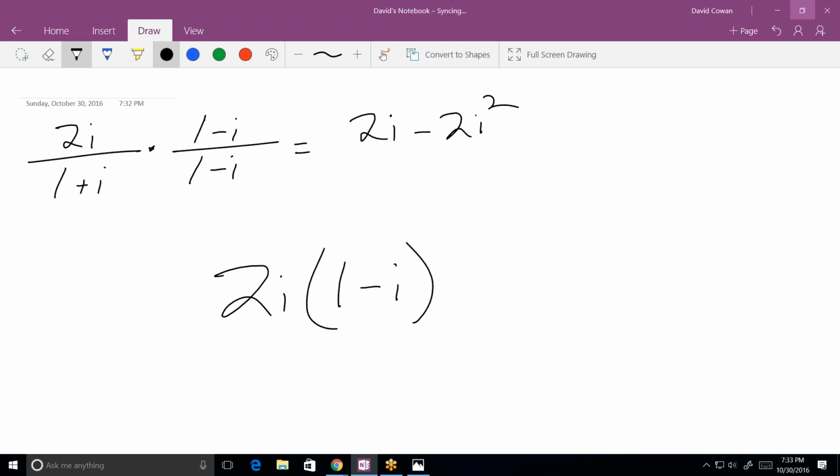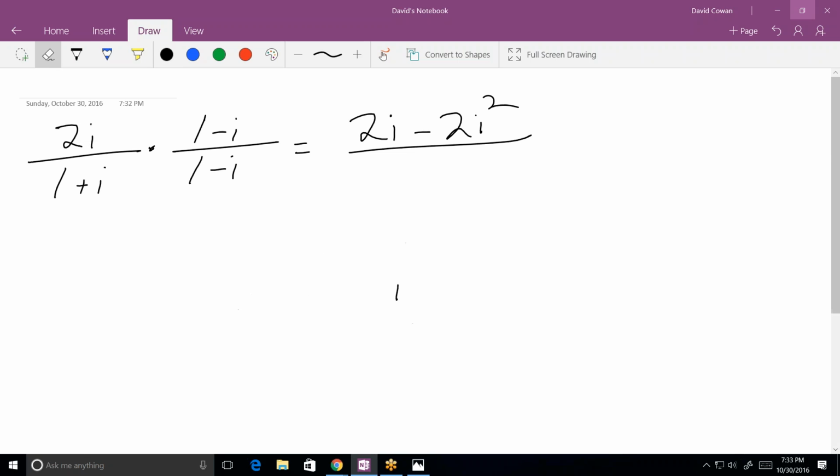Right. And the denominator, see if you can do it this time without those two middle terms in it, because you know they're going to cancel. So the first term, 1. What's the last term? Negative I squared. Yeah.